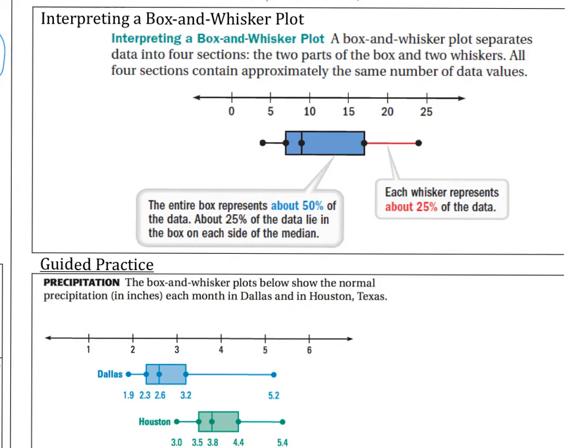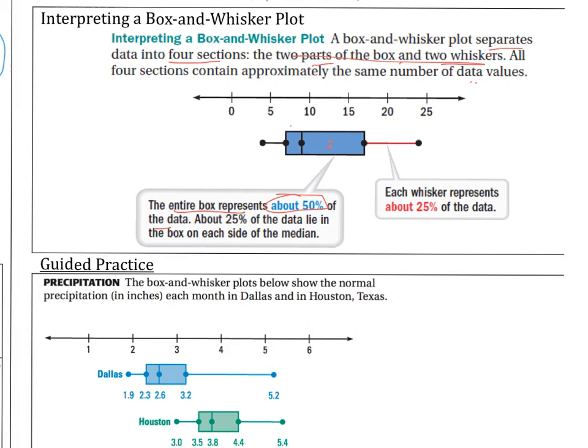Now that you have refreshed your concept of how to draw a box and whisker plot, let's review how to interpret one. A box and whisker plot separates data into 4 sections: the 2 parts of the box and 2 whiskers. All 4 sections contain approximately the same number of data values. So what can we conclude about this? The entire box here represents about 50% of the data.